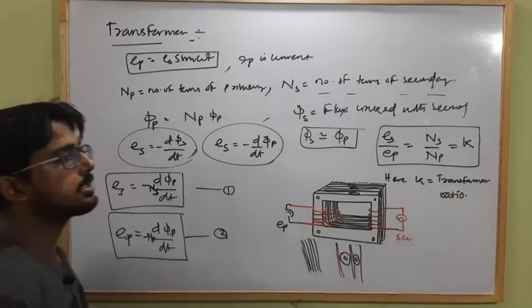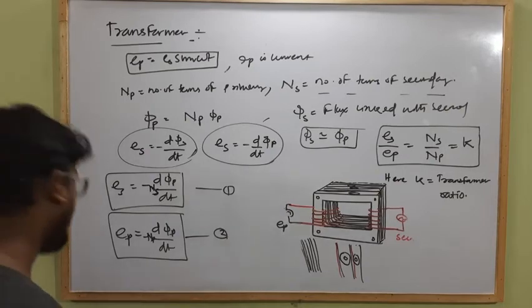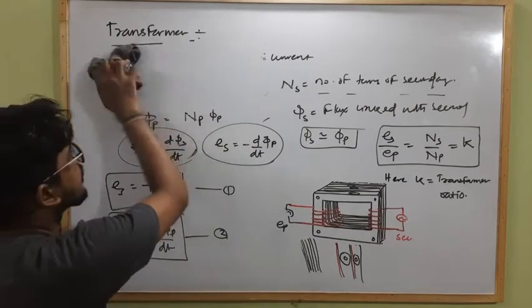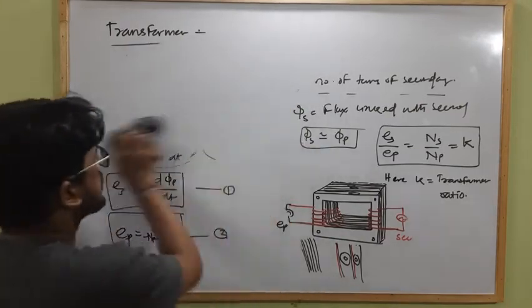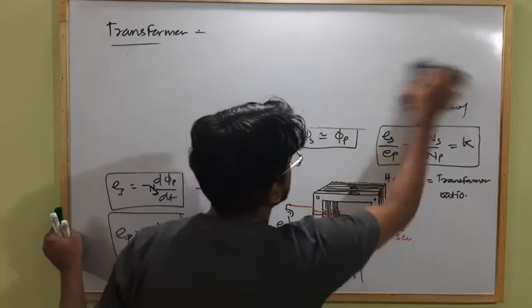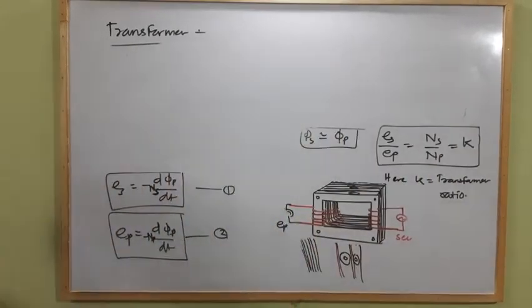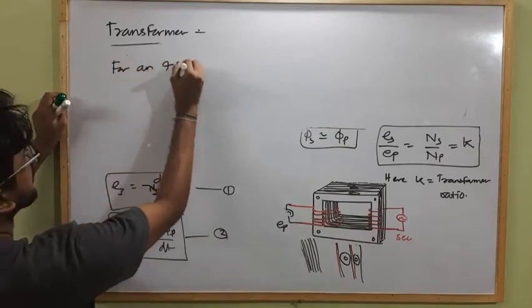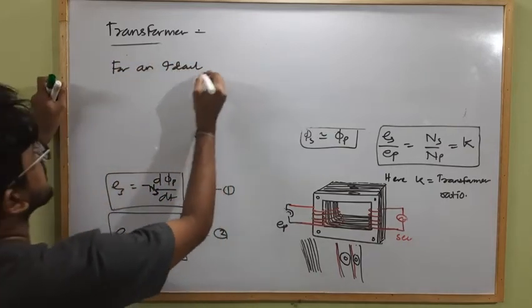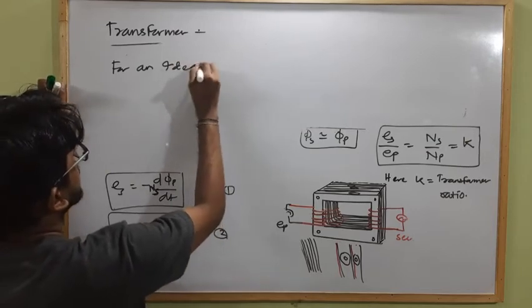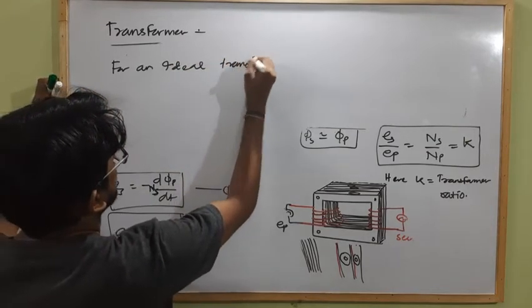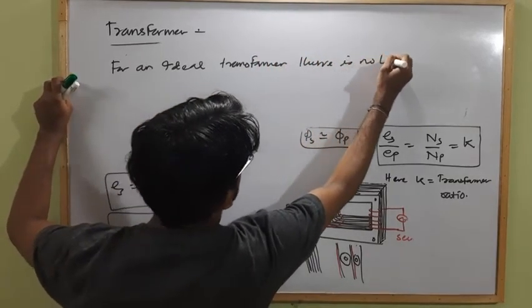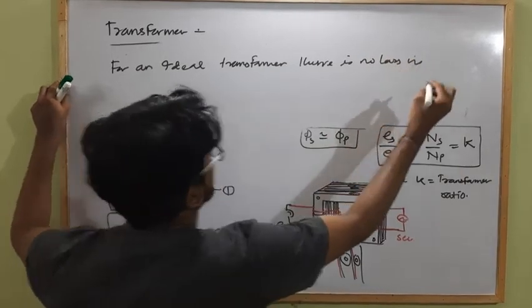Okay, K is known as transformer ratio. And for an ideal transformer, there is no loss in energy.